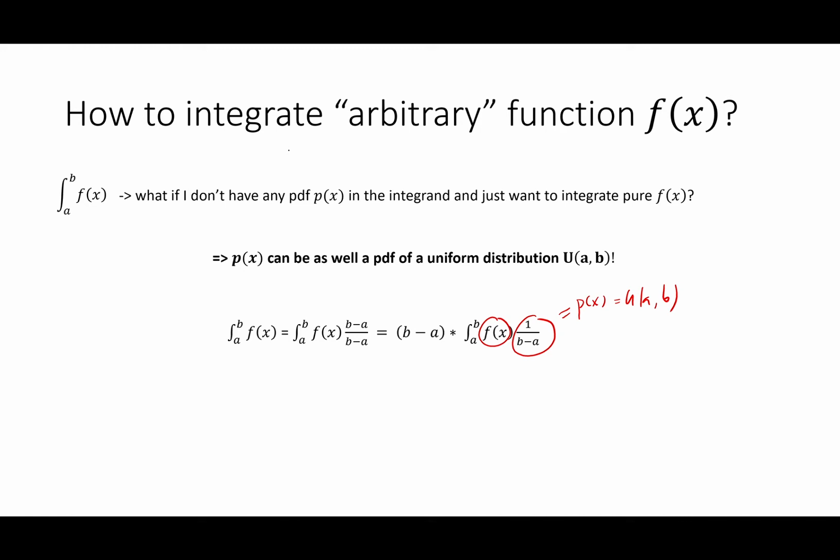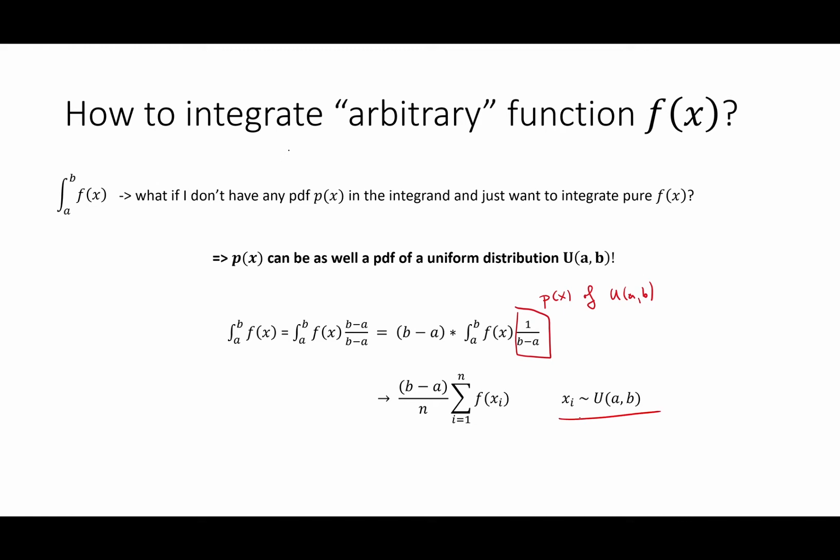So you can do it, right? And now if we have this probability density function, we can just employ this averaging. If we are sampling from this and plugging in here, we have this term, and we can do the averaging and it will be exactly the integral of this function.